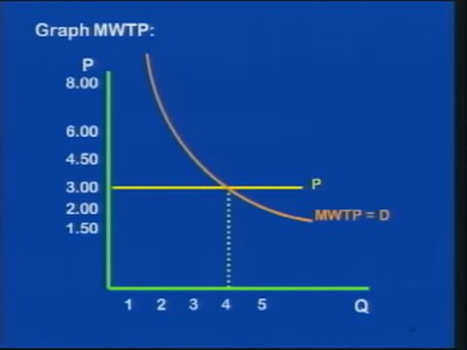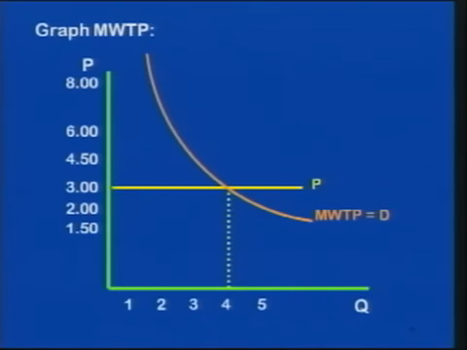The point I want to make next is that the marginal willingness to pay curve is, lo and behold, the demand curve for a person. The reason we went through this analysis is because it actually motivates the demand curve for an individual person.